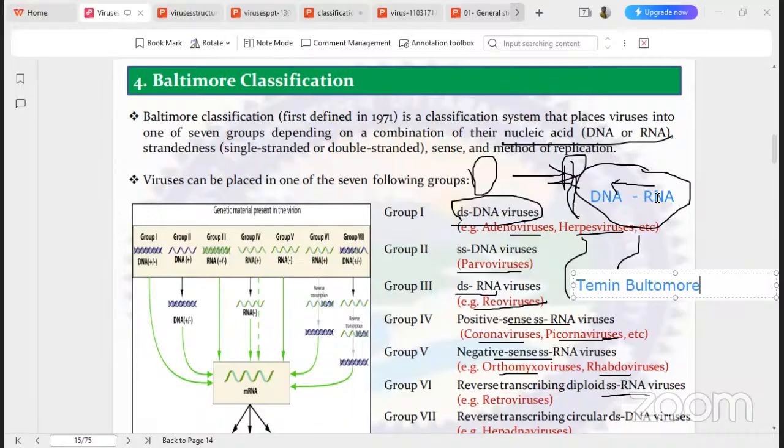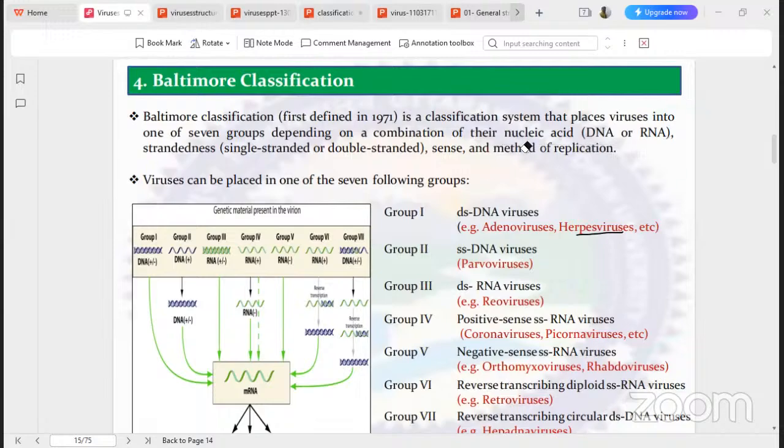Their own RNA is converting into DNA, spoiling the host genetic material. That's why virus is called poison. And then reverse transcribing circular double-stranded DNA and single-stranded RNA. These are the various types of viruses as per the Baltimore classification.